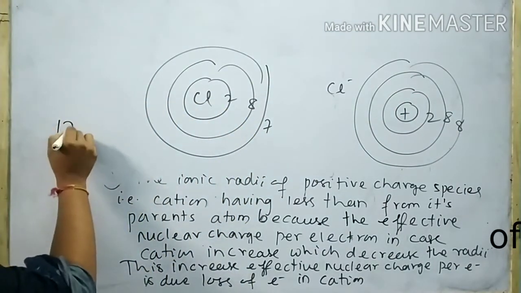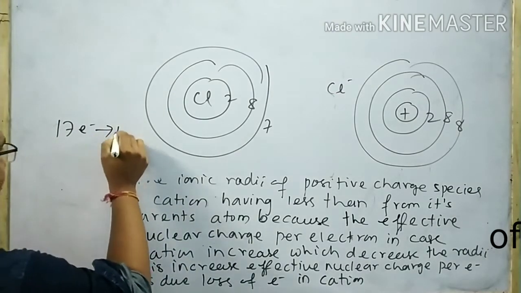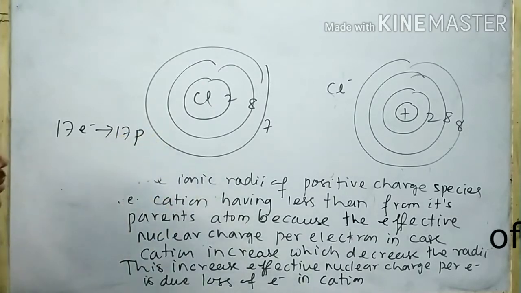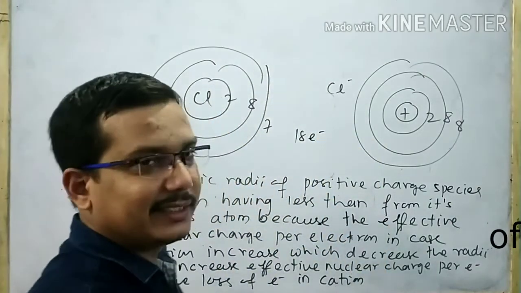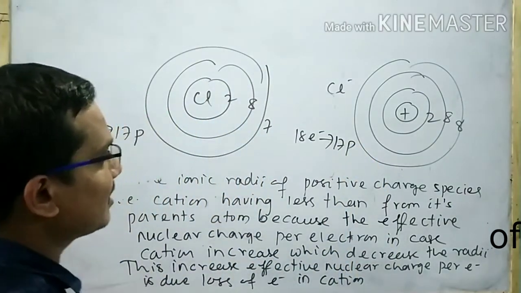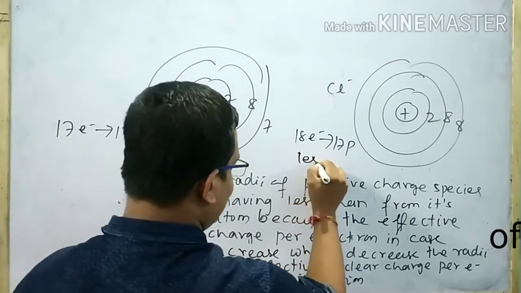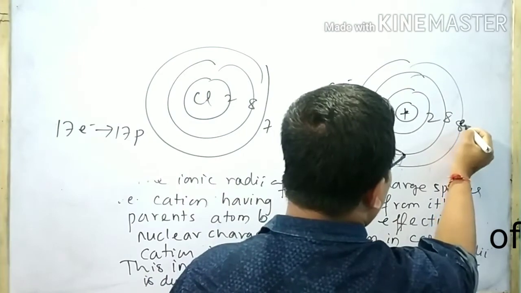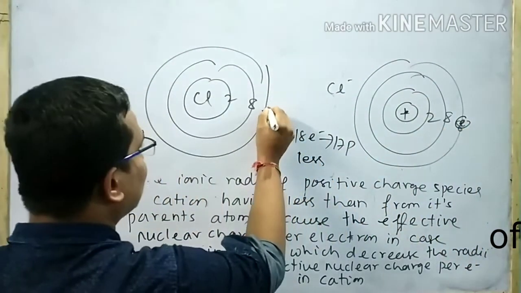Here 17 electrons are attracted by the nuclear charge due to 17 protons. Here 18 electrons are attracted by the nuclear charge due to 17 protons. That means here the nuclear charge per electron is less as compared to this. As a result, this nucleus exerts less nuclear force on the valence electron as compared to this valence electron.